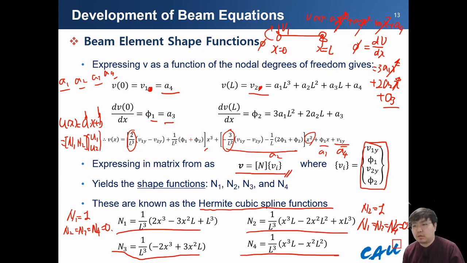This is a characteristic of the shape function. The second characteristic is that the value becomes 1, sorry, not 0, becomes 1. This is the second characteristic of the shape function. So those functions are actually interpolation functions.